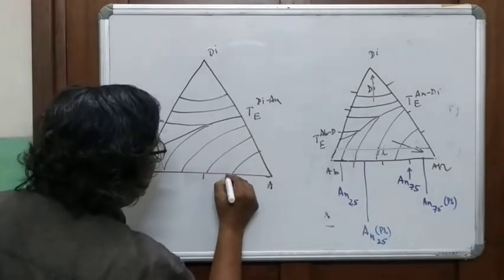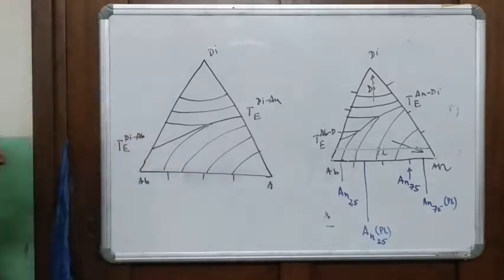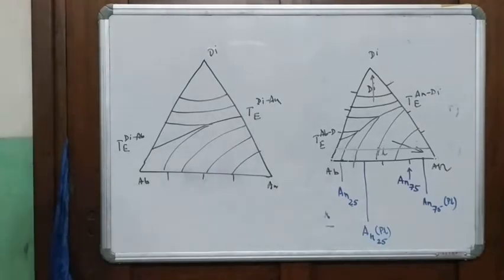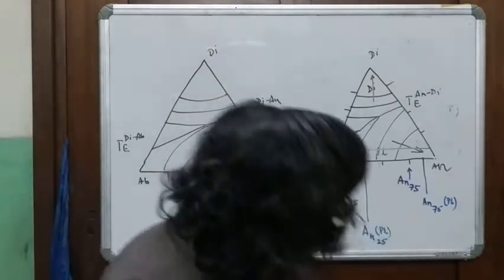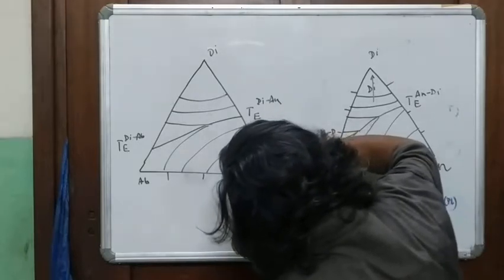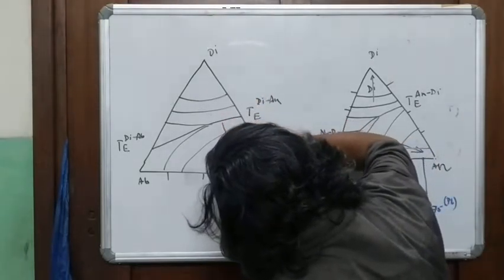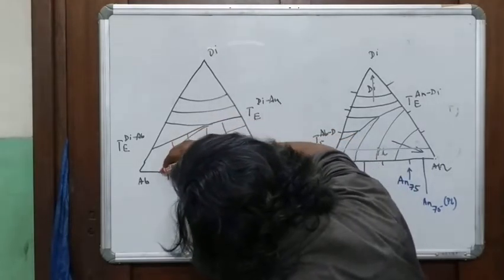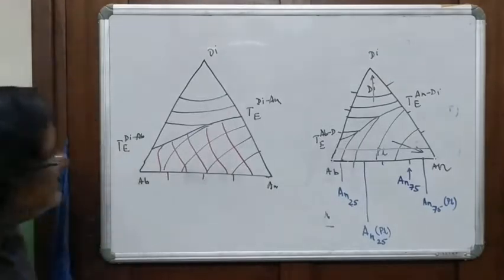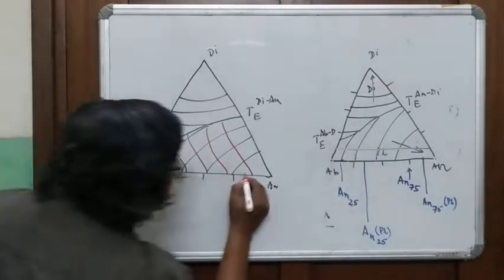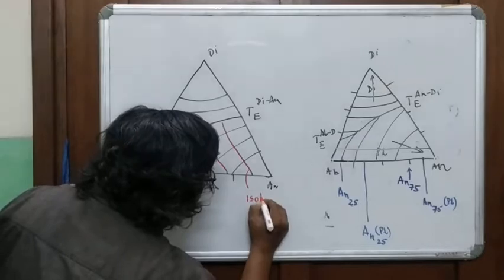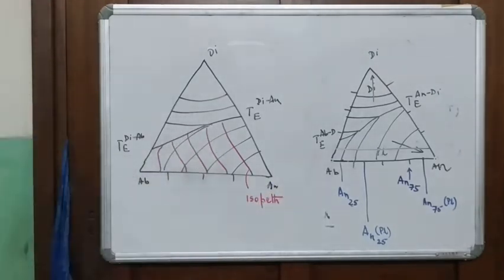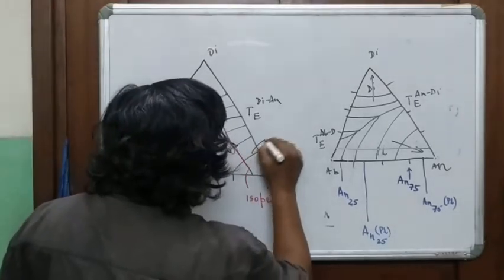And this is 50, 75, 25, and so on. This is anorthite. Also, you will see in this diagram another set of lines, lines like this. This is called the isopleth. And this one here is called the isotherm.